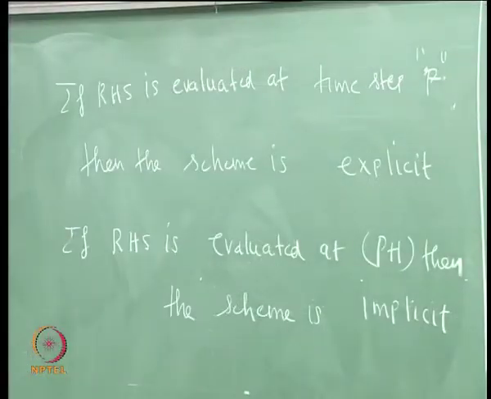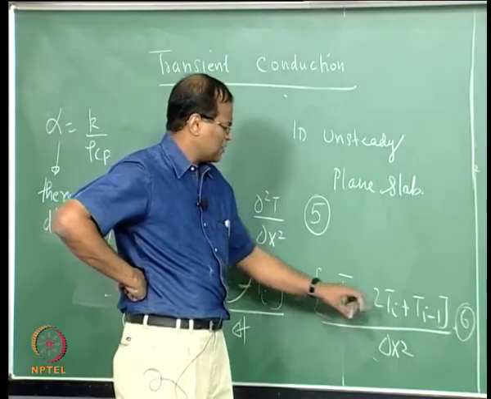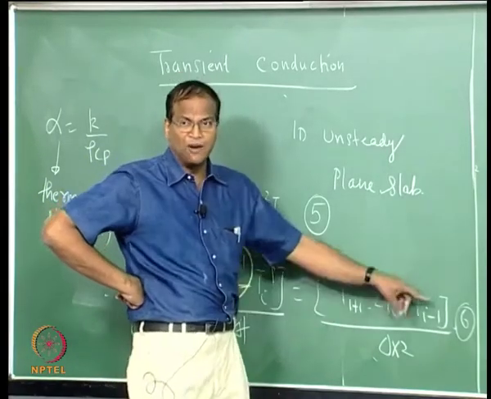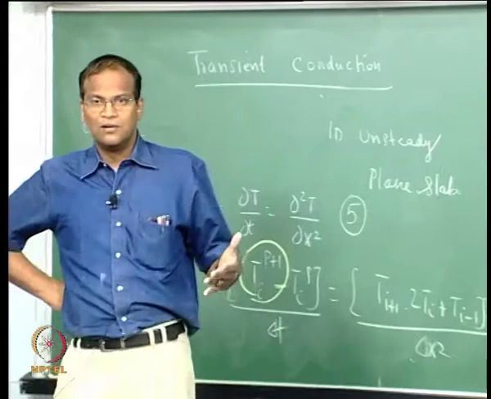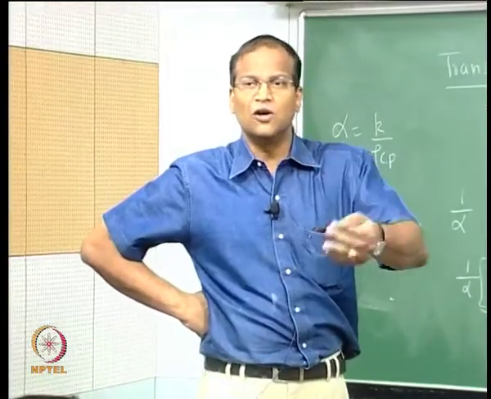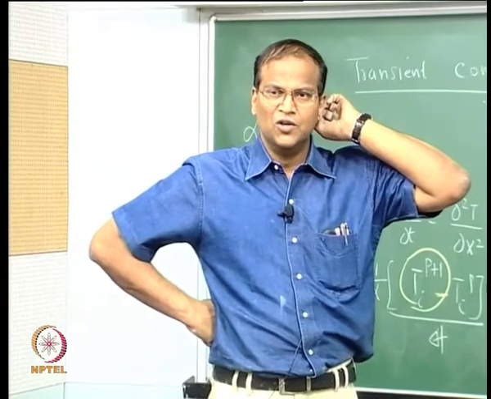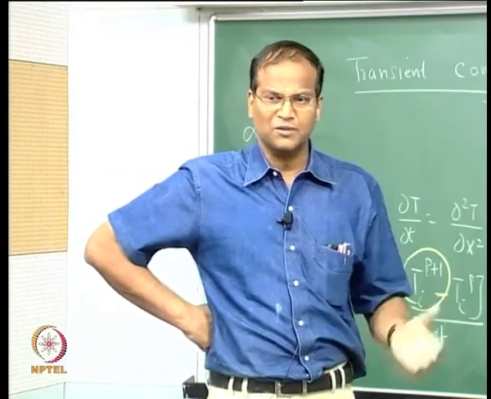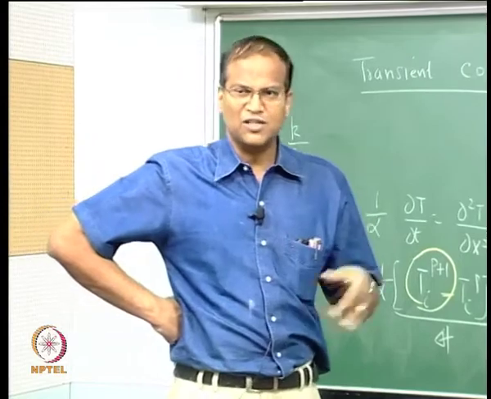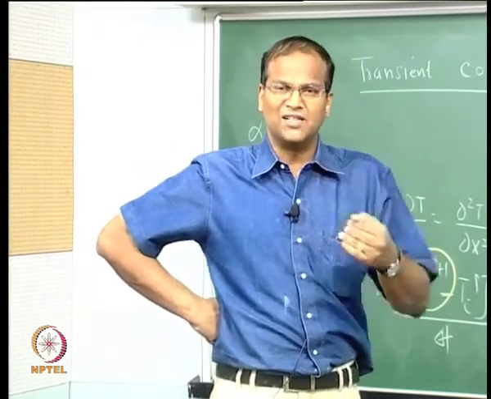You want Ti P plus 1, and Ti minus 1 and Ti plus 1 at P plus 1 are all there. Therefore, it has to be simultaneously solved at each and every time step. So that is the implicit scheme. You have to use the tridiagonal matrix algorithm or something, and at each and every time step you have to simultaneously solve. You cannot simply march in time.